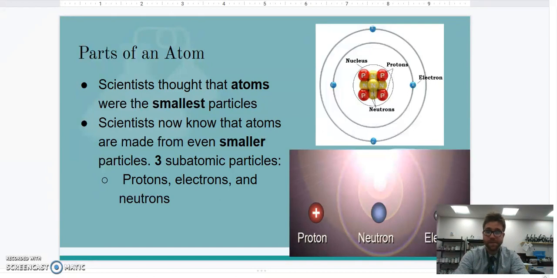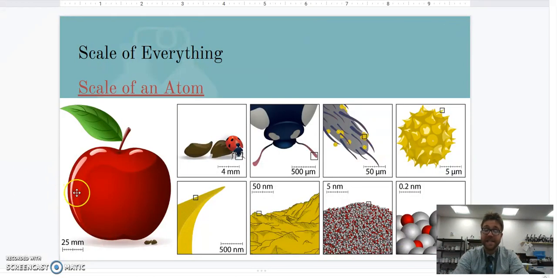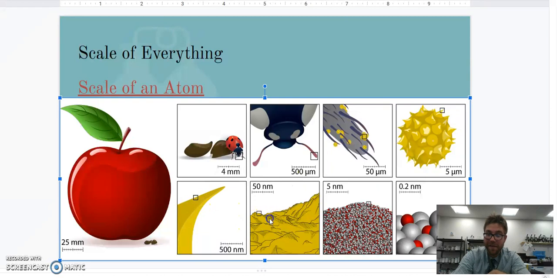Remember, our atoms are tiny. Tinier than an apple, tinier than the seed, tinier than the ladybug, tinier than the little piece of pollen inside the ladybug's antenna, tinier than the small tip of the pollen, even tinier than that. You've got to go all the way to 0.2 nanometers to see these things.